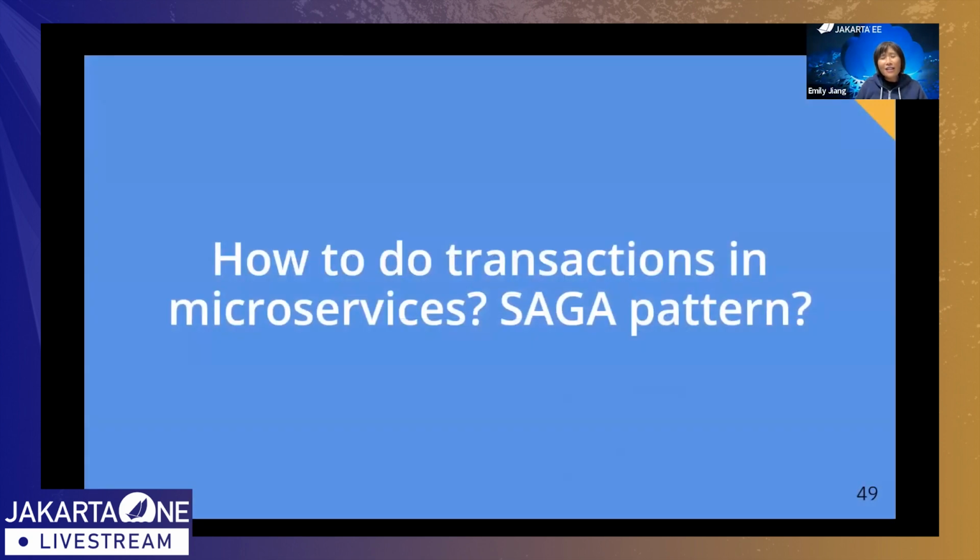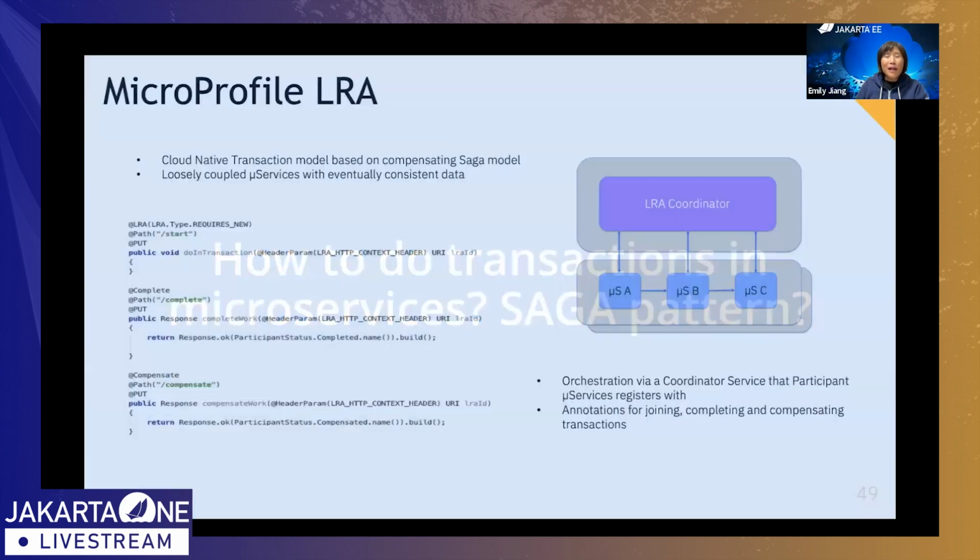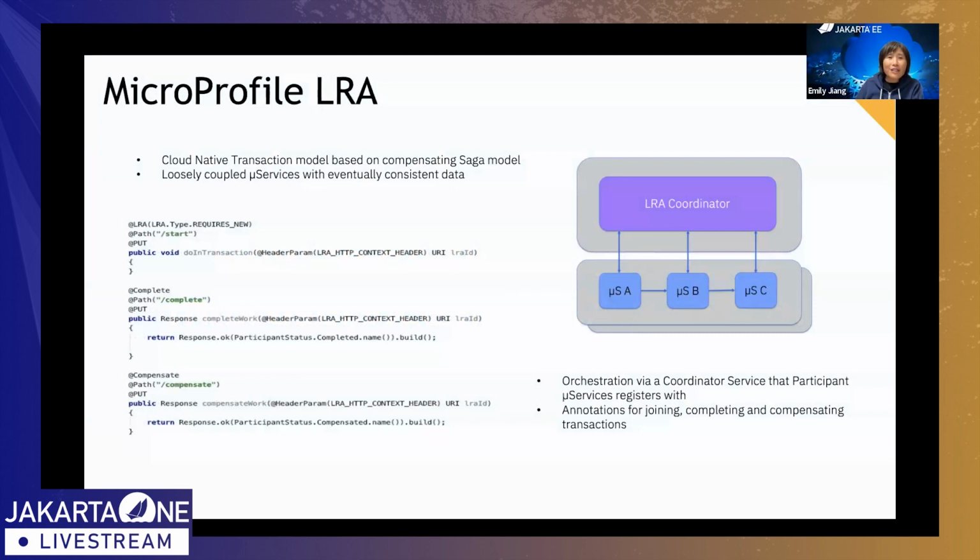And the other thing is transactions. Microservice transactions is a very hot topic. And when you talk about microservice transactions, you will automatically think about the Saga pattern. MicroProfile LRA adopted the Saga pattern. Basically, it has the LRA annotation.